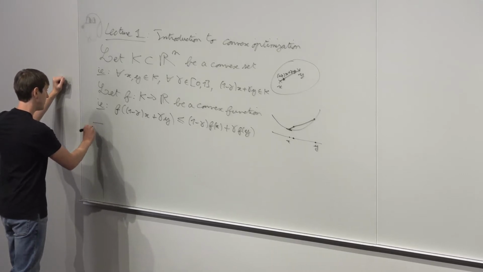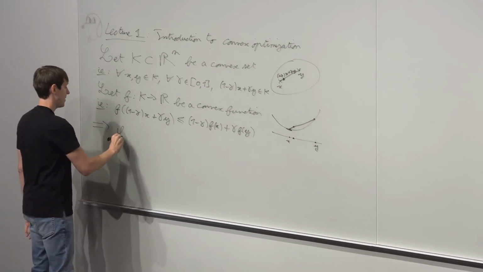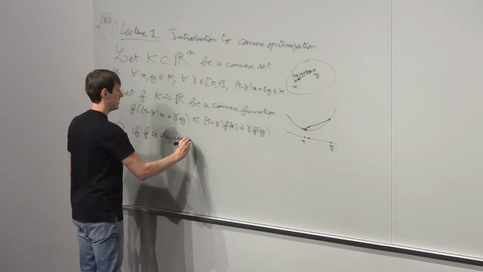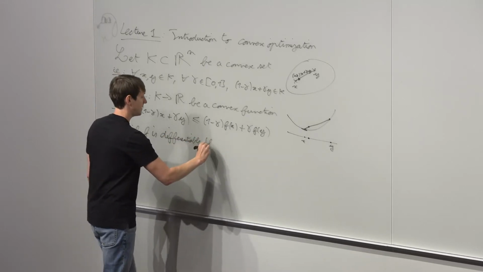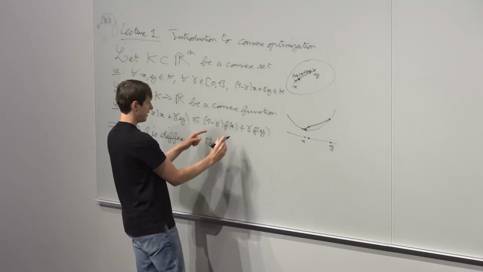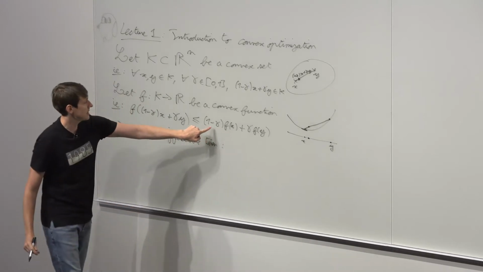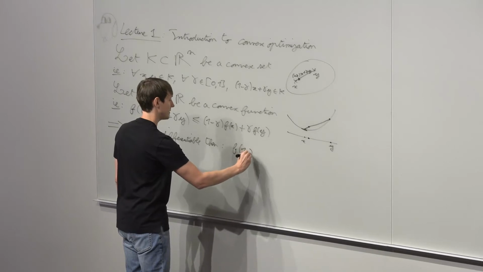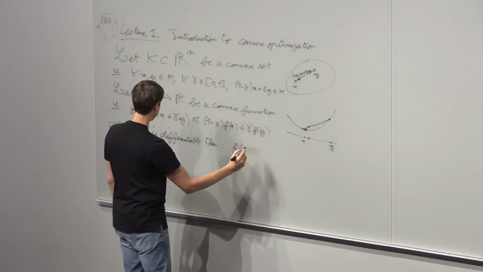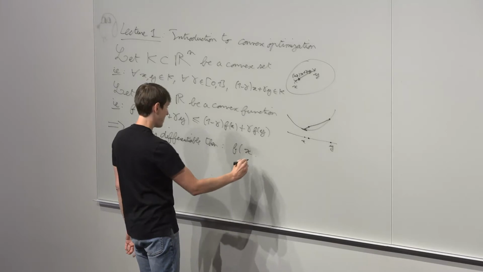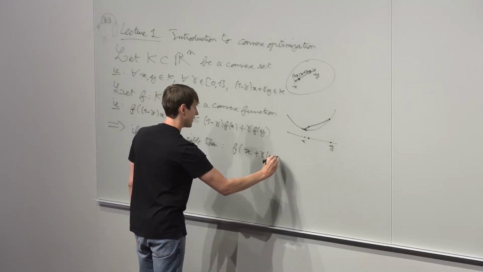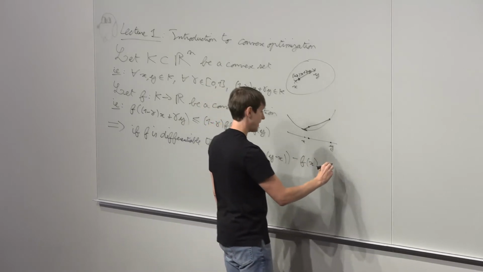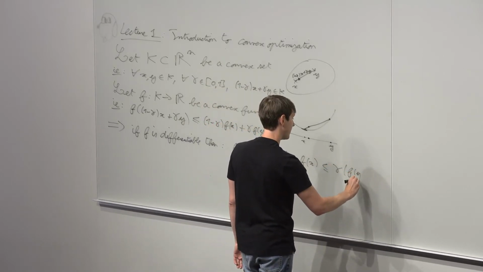This implies that if f is differentiable, then we have the following. Let's put the f of x on the other side. So we get f of (x plus gamma (y minus x)) minus f of x is smaller than gamma (f of y minus f of x).